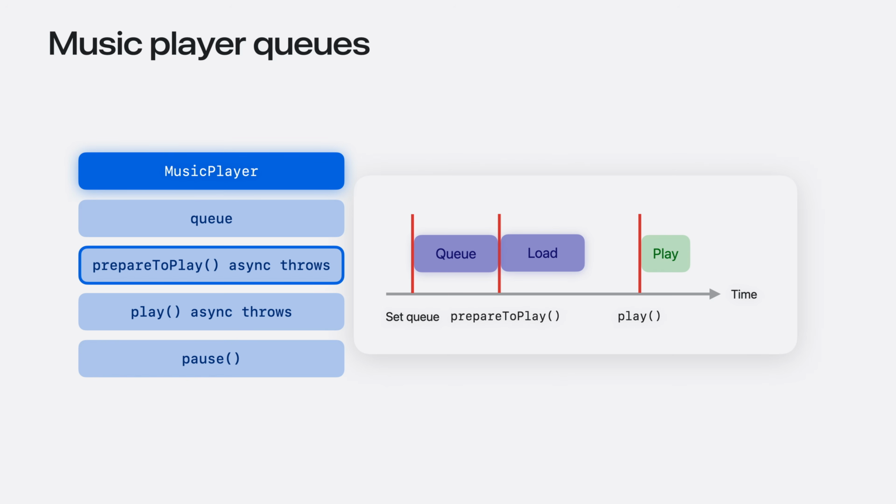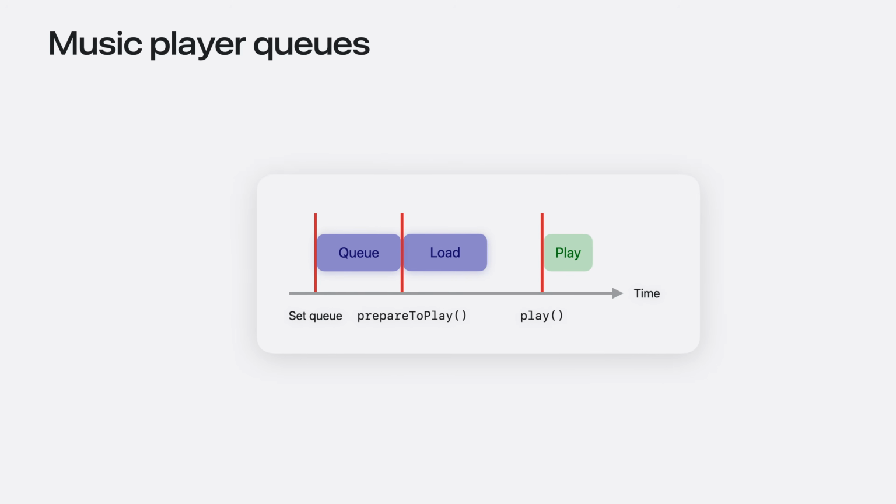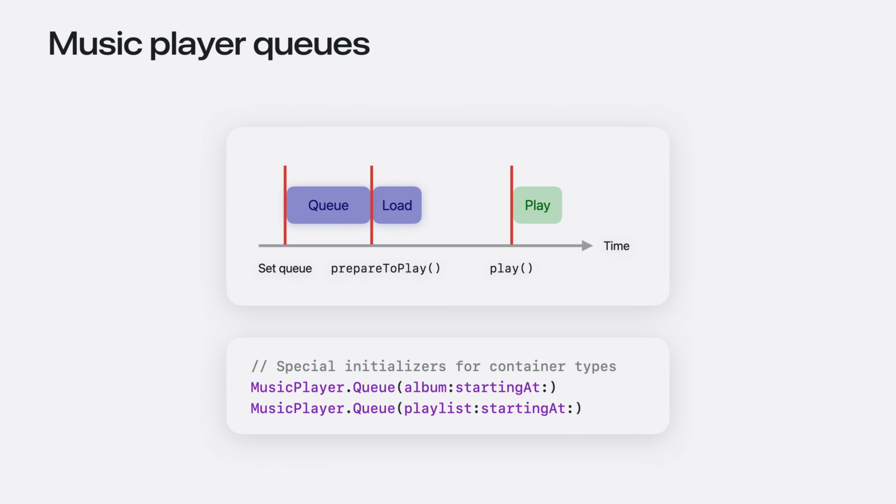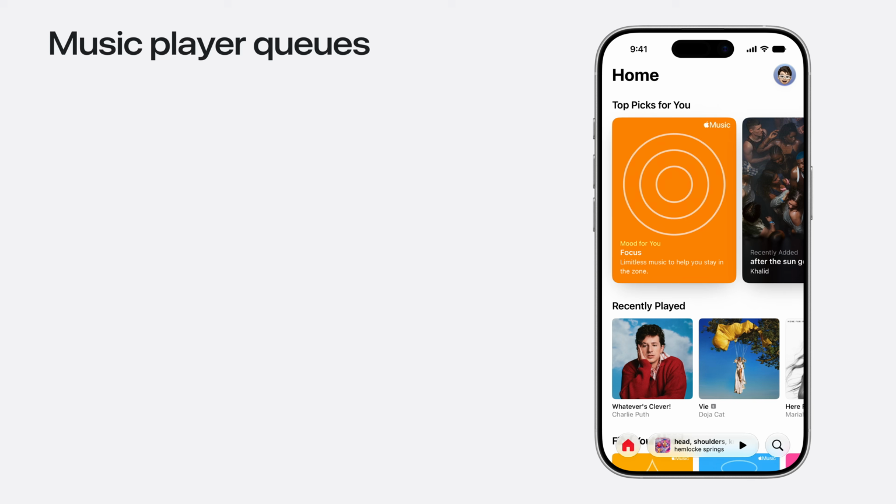A queue can be created from any playable music item, such as songs, or container types, such as an album or playlist. Using the special queue initializers for container types allows the music player to lazily load the container's items, further reducing the load time. When music is played using MusicKit, it will generally appear in the person's listening history in the music app.